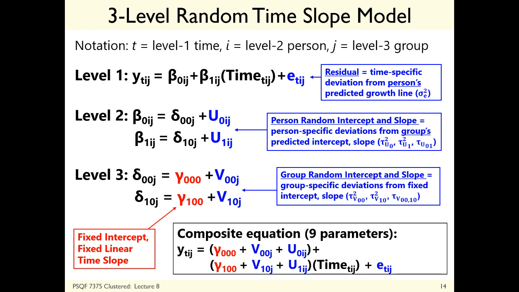Each has a group-specific deviation, how far off the intercept your group is, how far off the slope your group is. Once your group gets its own intercept and slope, they come to level 2. Now it's your turn. How far off are you from your group's intercept? U0. How far off are you from your group's slope? U1. Okay, now I got my own slope.